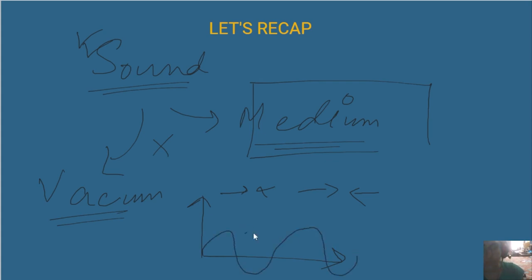We had talked about the characteristic features of a sound wave. We talked about amplitude. We talked about wavelength, which is the distance traveled by sound to complete one oscillation.